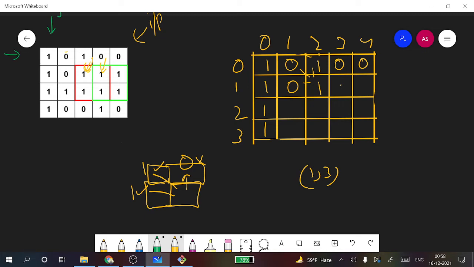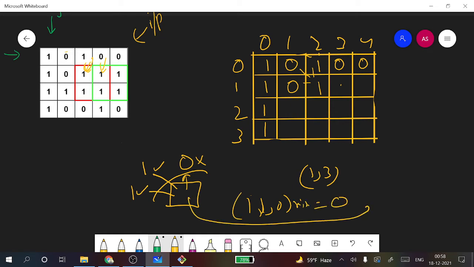So simply we return the minimum of these three, which is 0, and we add this block, which is 1. 1 is our answer. The maximum we can make is 1 cross 1, by considering this element only.